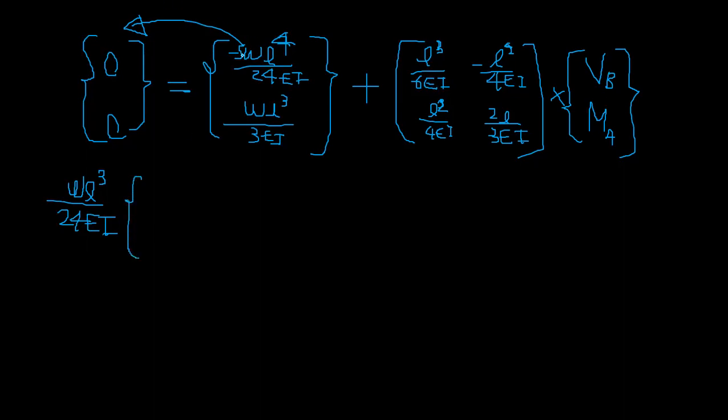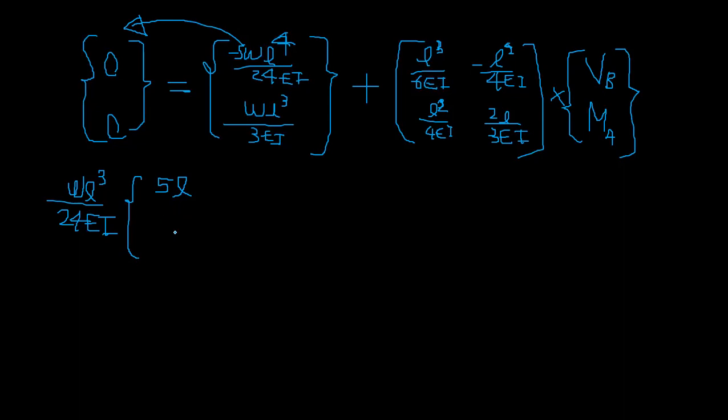So if it is here, it is positive 5 and this is negative. So negative coefficient will be here, positive will be here. WL cube, you are taking out 5L, right? WL cube over 24EI. So this is WL cube.